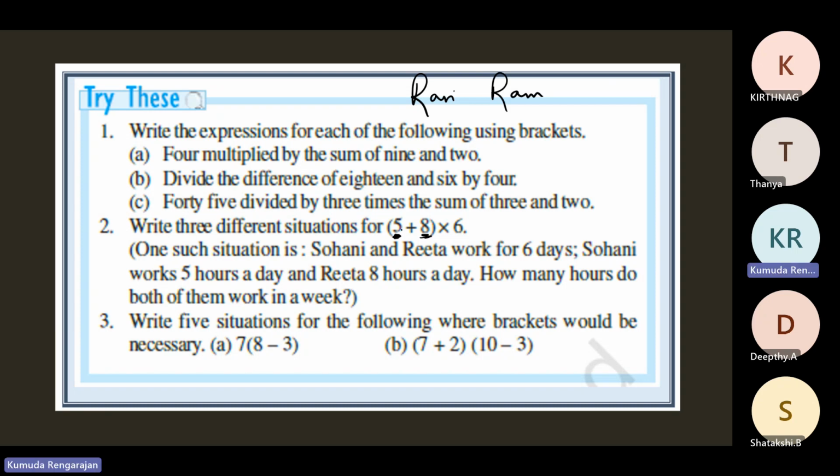Or you can say Ravi plays for 5 hours a day. You need not say studies. You can say any activity. Ravi plays video games for 5 hours, or watches TV for 5 hours. Ravi plays cricket for 5 hours, or helps his parents or elders at home with household chores for 5 hours, or is into gardening for 5 hours, whatever activity, or reads books for 5 hours.